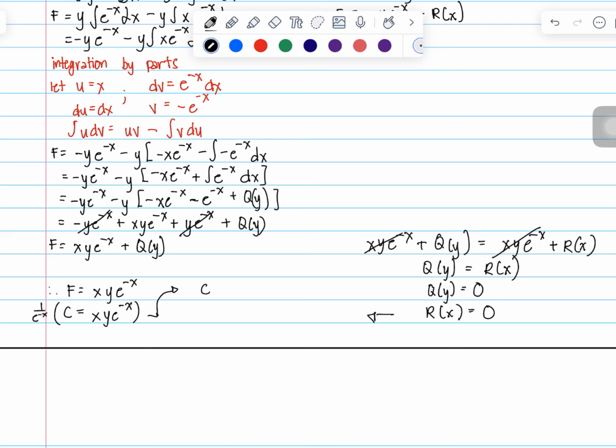So that is c over e to the negative x times xy, or simply c e to the power of x times xy. So this is now the solution to the equation. Alright, so that is how you make non-exact DEs exact by using the integrating factor.